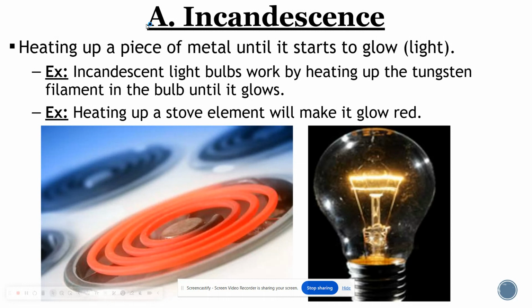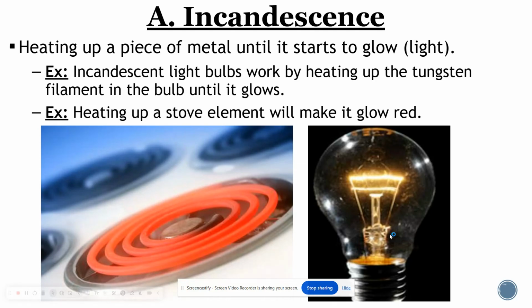We'll start with incandescence. Incandescence is a way to produce light where you take a piece of metal and you heat it up. You heat it up so much that eventually it starts to release energy in the form of light. It starts to glow. So here you have a stove element. It's being heated up. It heats up so much it starts to glow red, so it's producing red light. This is a light bulb, an incandescent light bulb. On the inside is a piece of metal.